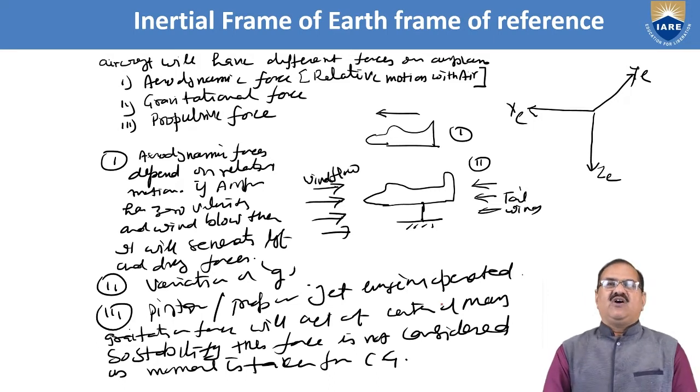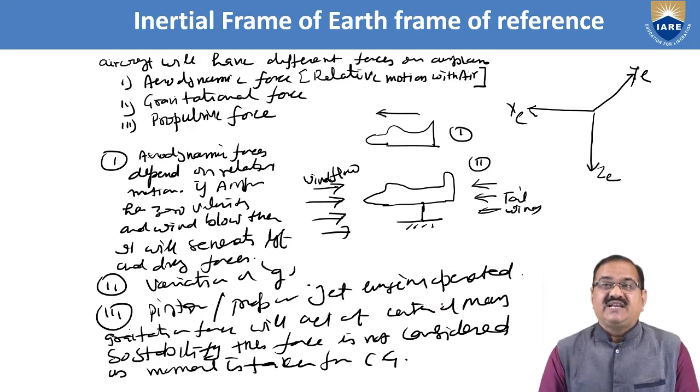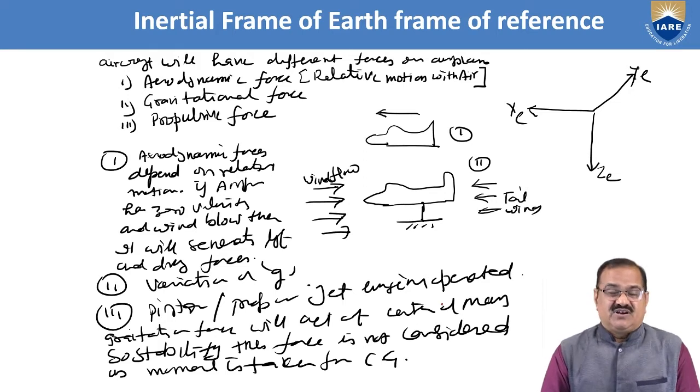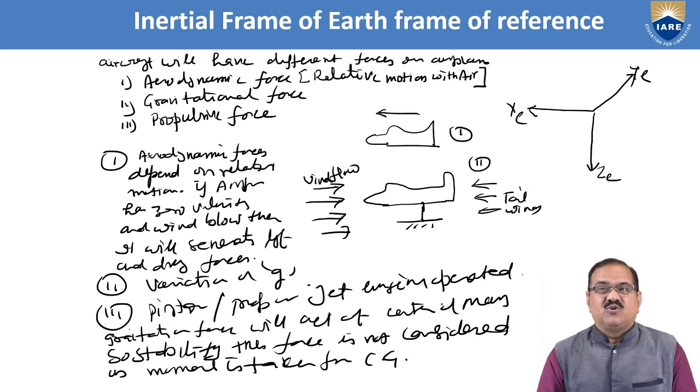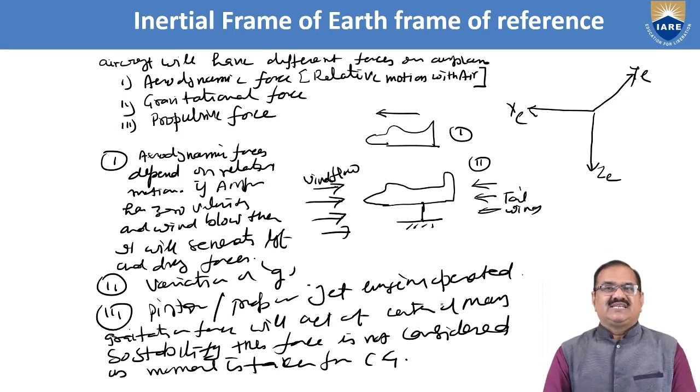Aircraft will have different forces. On the airplane, these are the aerodynamic forces, which are defined with relative motion with air. The next prominent force is the gravitational force, which is the weight of the aircraft, denoted as W or mg.